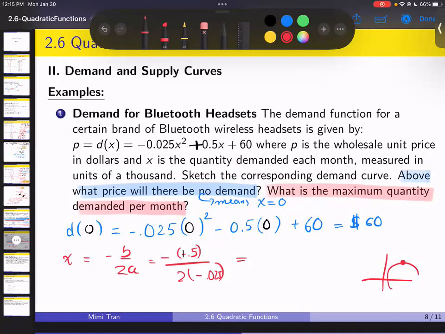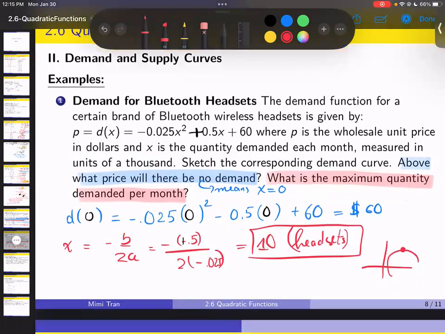I don't know why I'm nervous. Okay, 10. I was multiplying instead of dividing. Right, 10 headsets. All right. Any question for number 1?